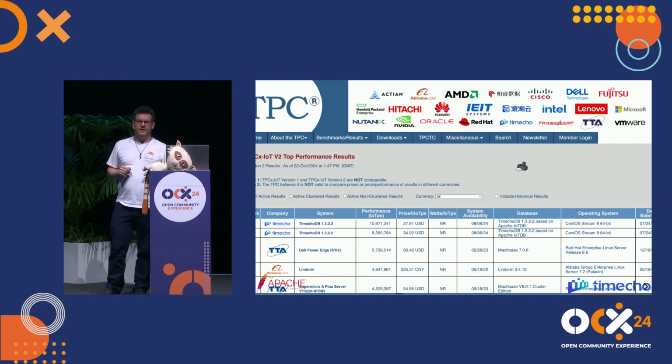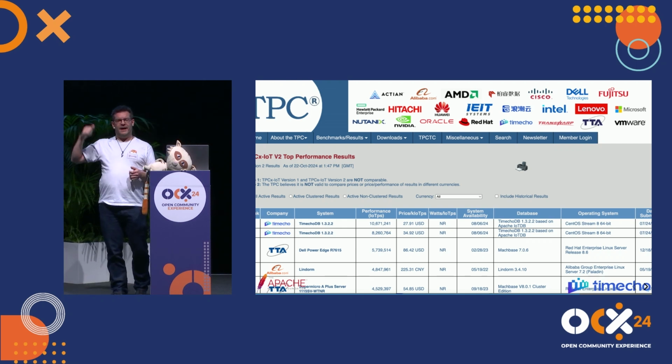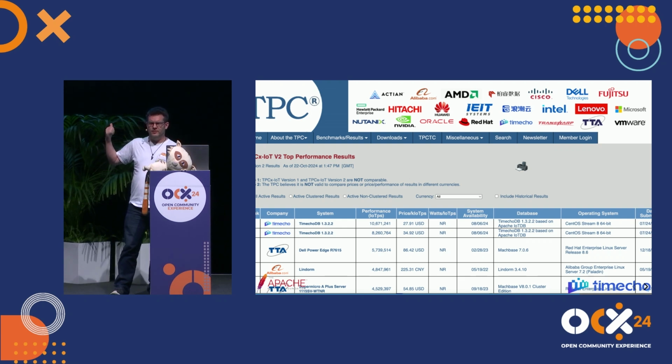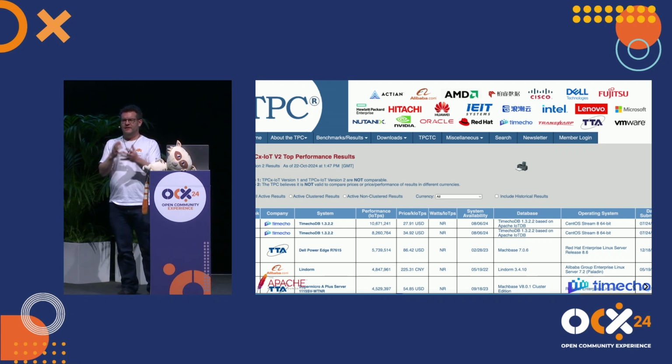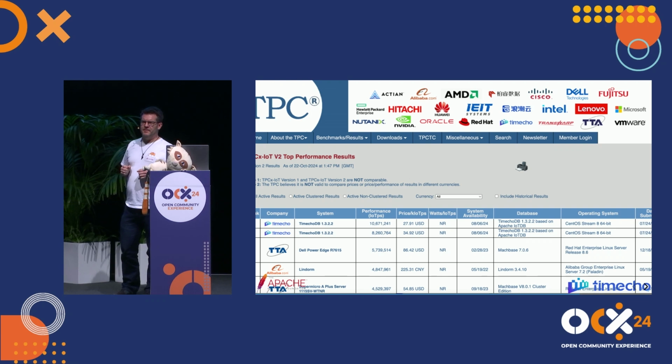As Timeco is a member of the TPC Foundation, we had to list the results of TimecoDB and not IoTDB, but for the parts of this benchmark it's pretty much the same thing. What you can see is that if you take the first place and the third place, that's double the performance with 1/3 of the cost. And as this is the commercial offering of IoTDB, I assume that if you use the free version, the costs will significantly go down.